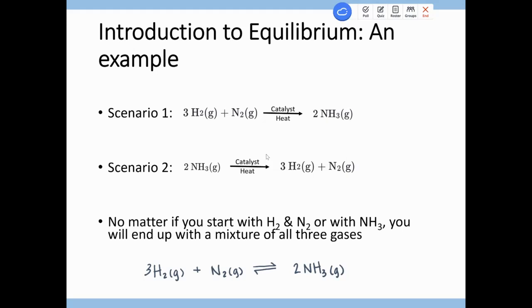So this reaction is a reversible reaction. Reactants will form products and products will form reactants. And so we can describe the equilibrium of this reaction as a certain state. We'll describe what that is on the next slide.